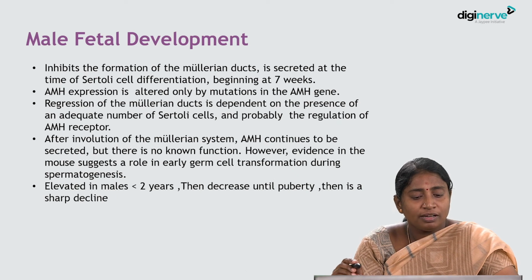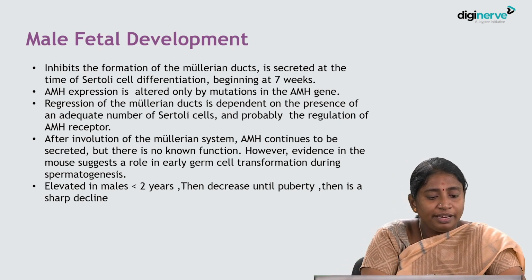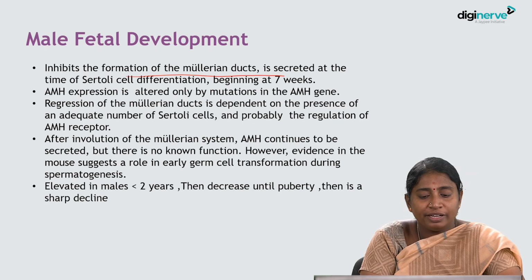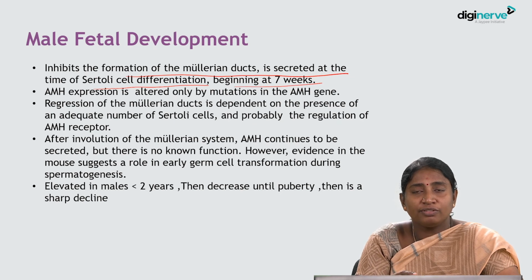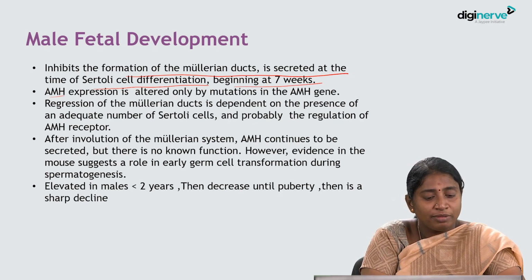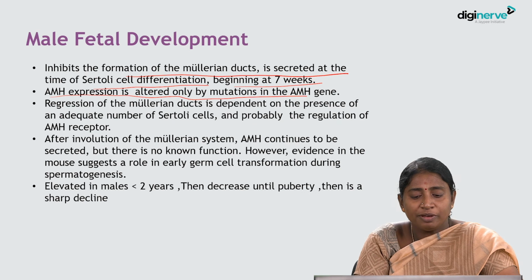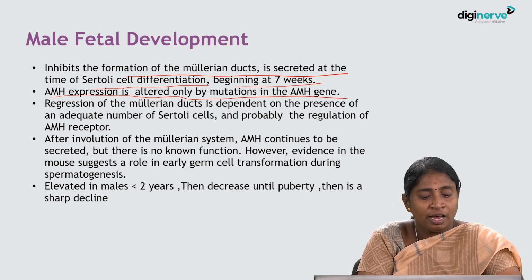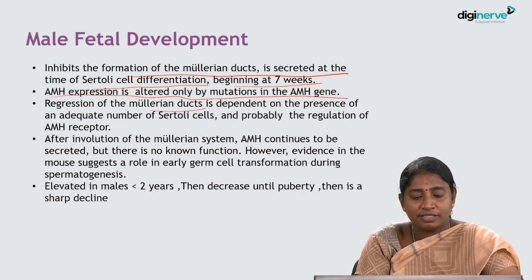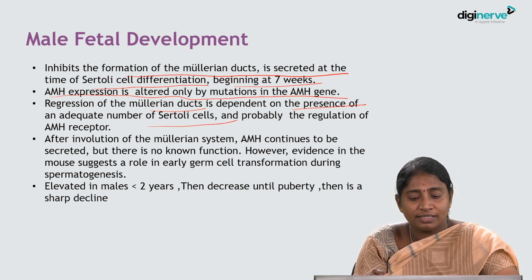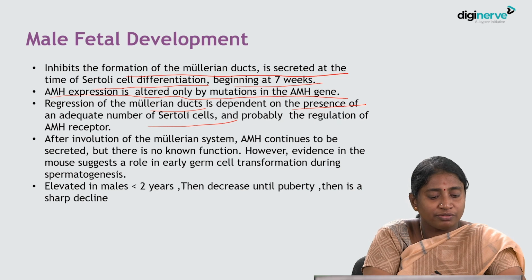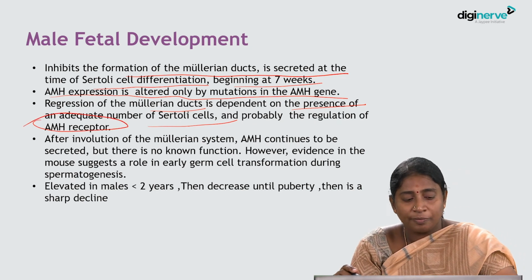In male fetal development, AMH inhibits the formation of the Mullerian ducts. It is secreted at the time of Sertoli cell differentiation, at the beginning of the 7th week. AMH expression is altered only by mutation in the AMH gene. Regression of the Mullerian duct depends on the presence of an adequate number of Sertoli cells and probably the regulation of the AMH receptor.